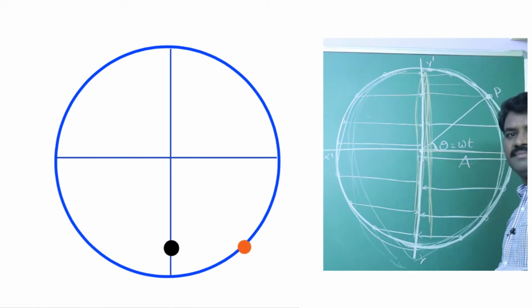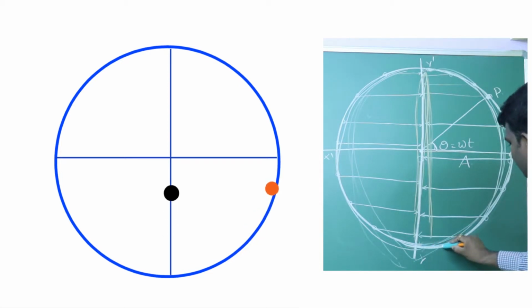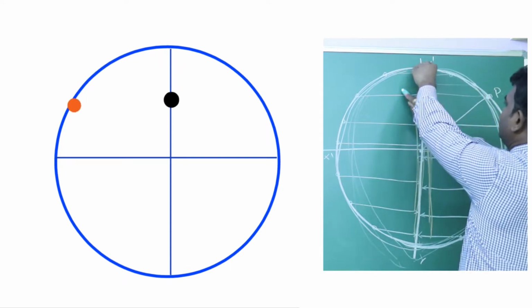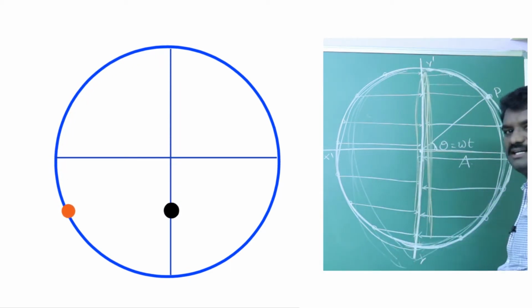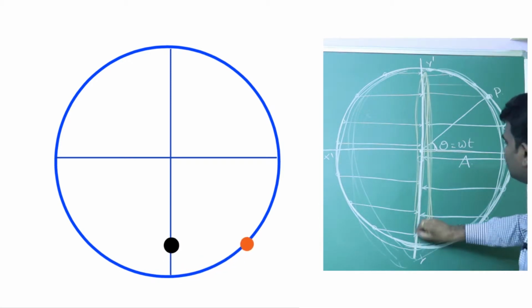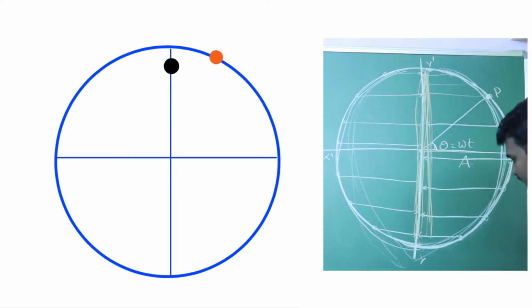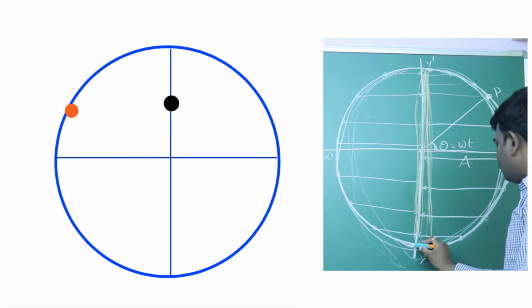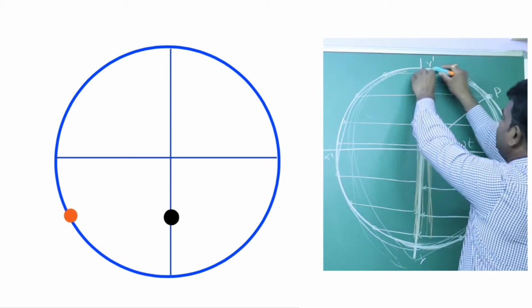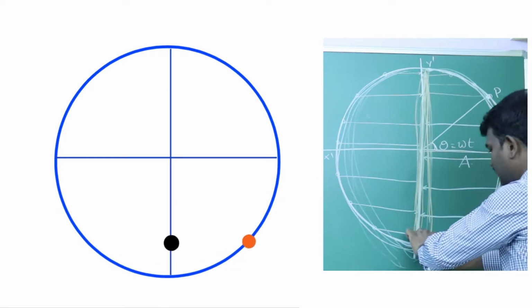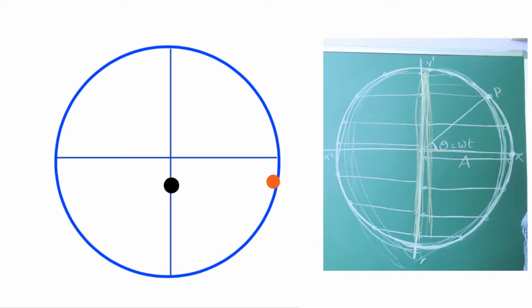Is it clear? As the particle is moving along the circular path, the projection is moving along the diameter in the upward direction and now in the downward direction. That means the projection is making a to and fro motion. When the particle completes half a circle, it is half an oscillation, and a full circle is a complete oscillation.